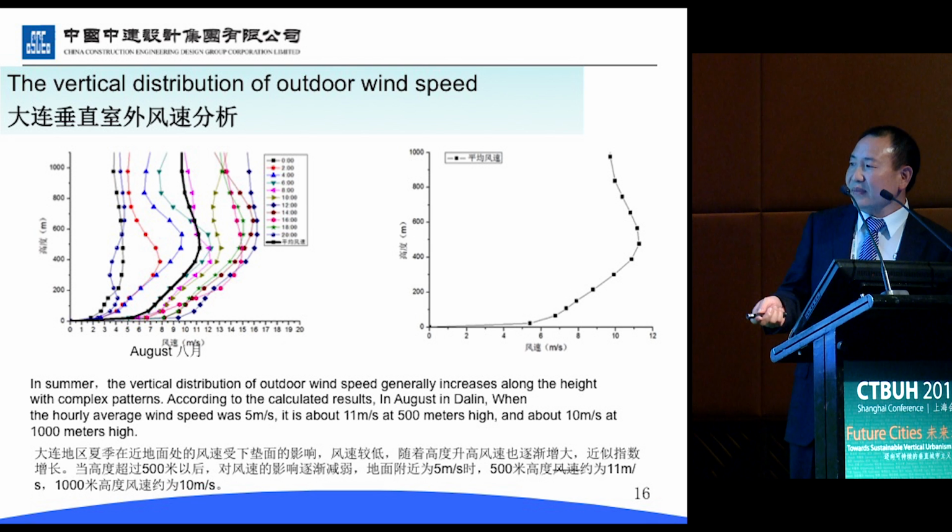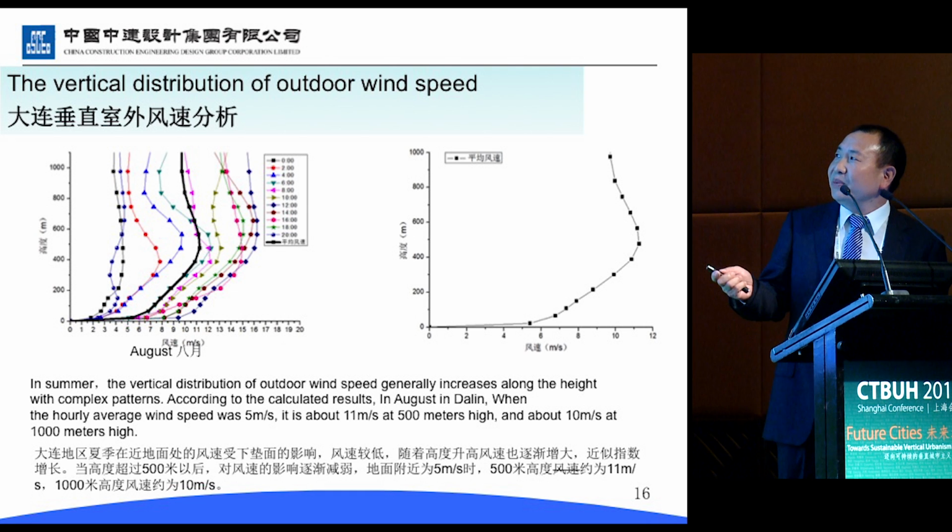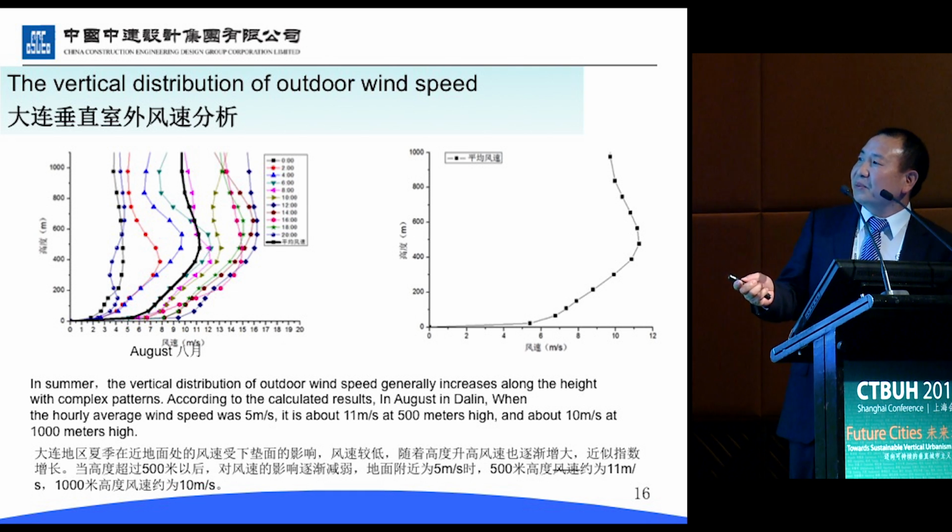According to the calculated results, in August in Dalian, when the hourly average wind speed was about 5 meters per second, it is about 11 meters per second at 500 meters high, and about 10 meters per second at 1,000 meters high.